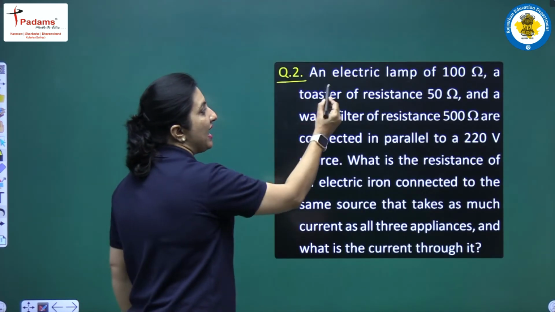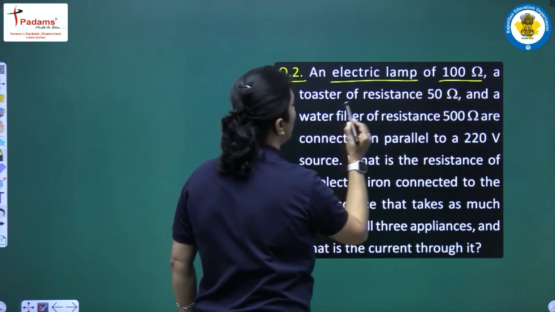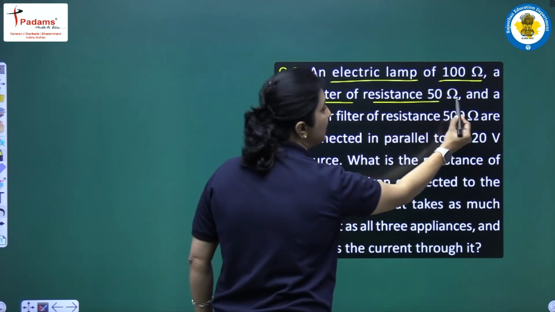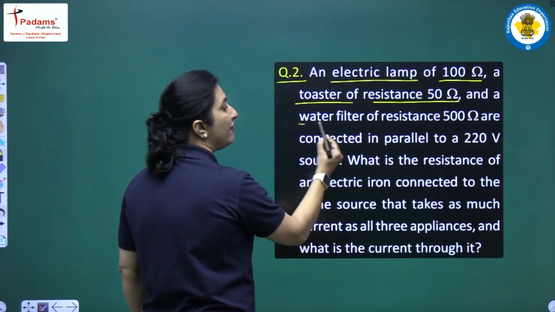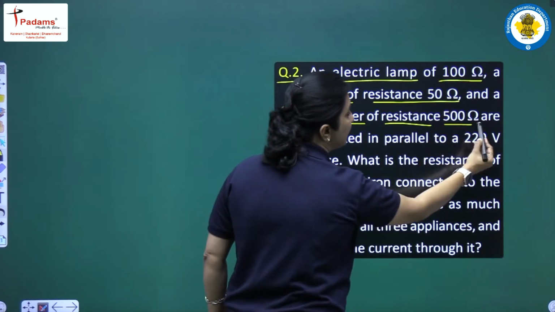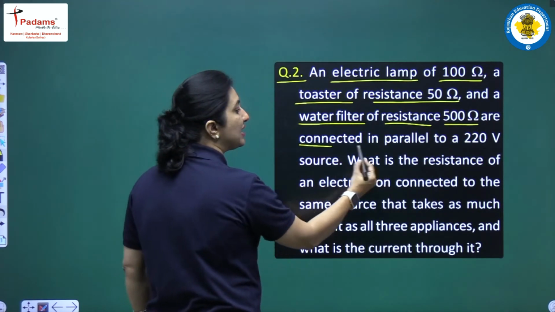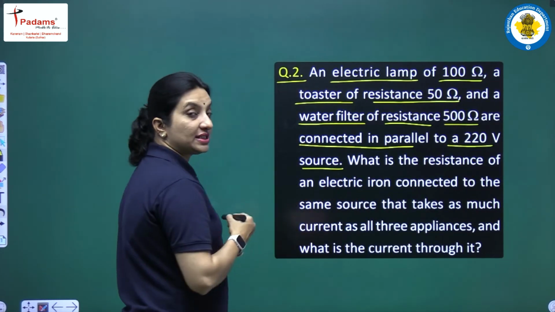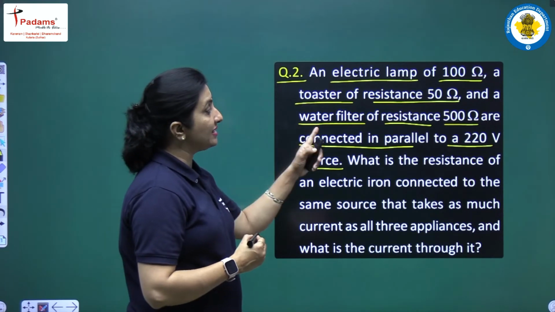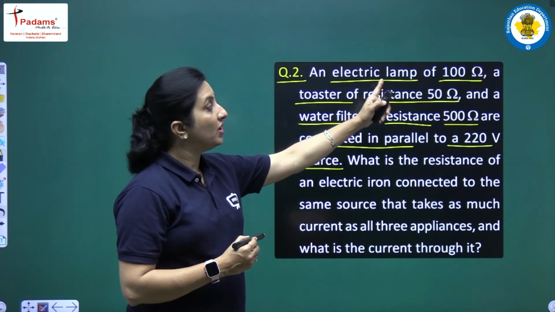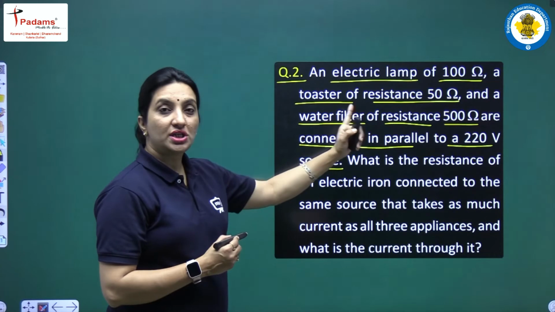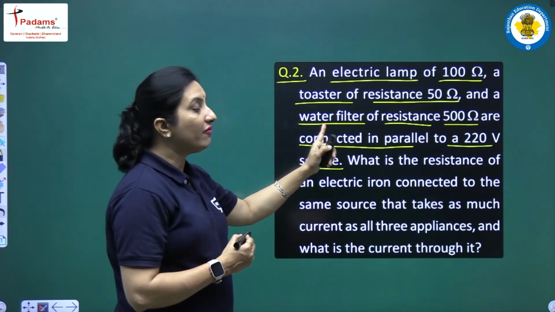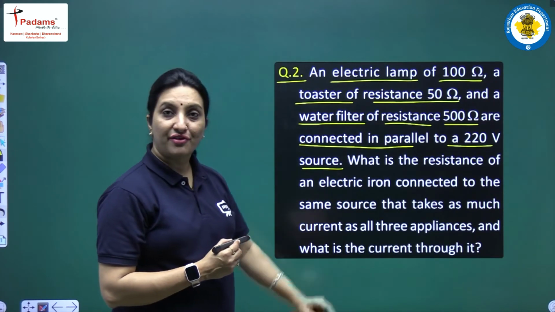Question 2. An electric lamp of 100 ohms, a toaster of resistance 50 ohms and a water filter of resistance 500 ohms are connected in parallel to a 220 volt source. Here we have three things: an electric lamp of 100 ohms, a toaster of 50 ohms and a water filter of 500 ohms.